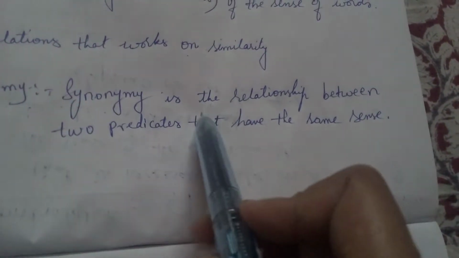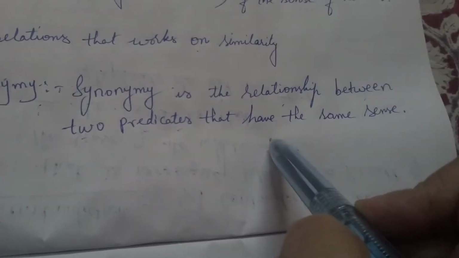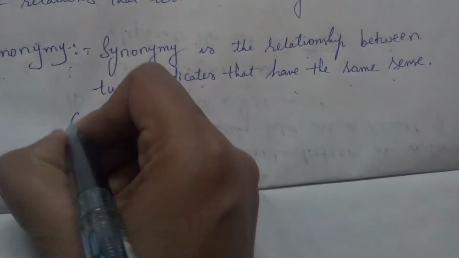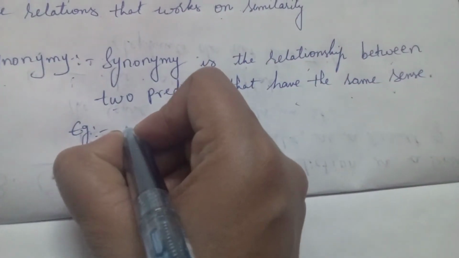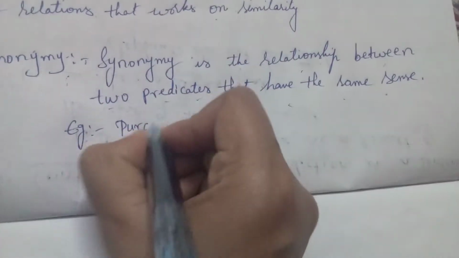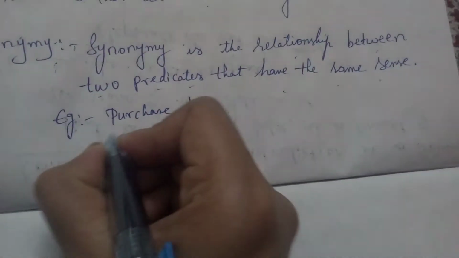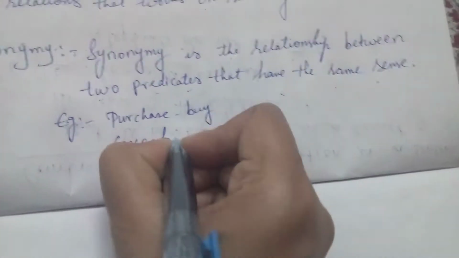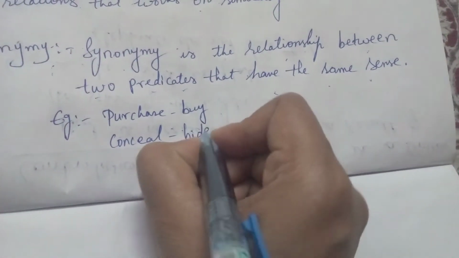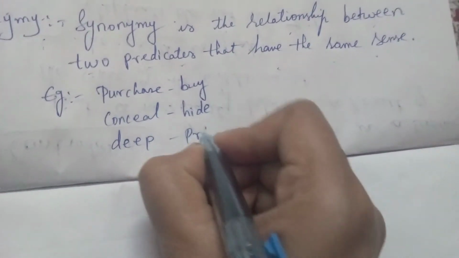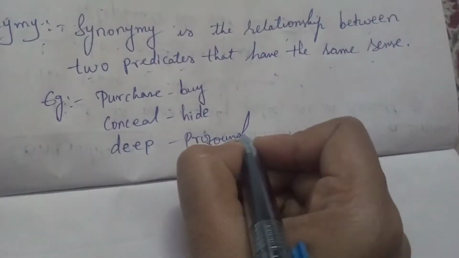Okay. Synonymy is the relationship between two predicates that have the same sense. For example, purchase, buy. Conceal, hide. Deep, profound.